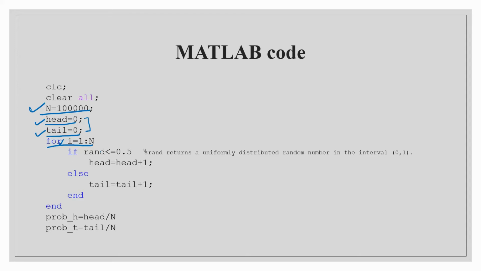If I select a random number, this RAND command returns a uniformly distributed random number in the interval 0 to 1. That means any number has an equal probability to come. If this number is less than or equal to 0.5, we will increment the number of heads, else we will increment the number of tails.